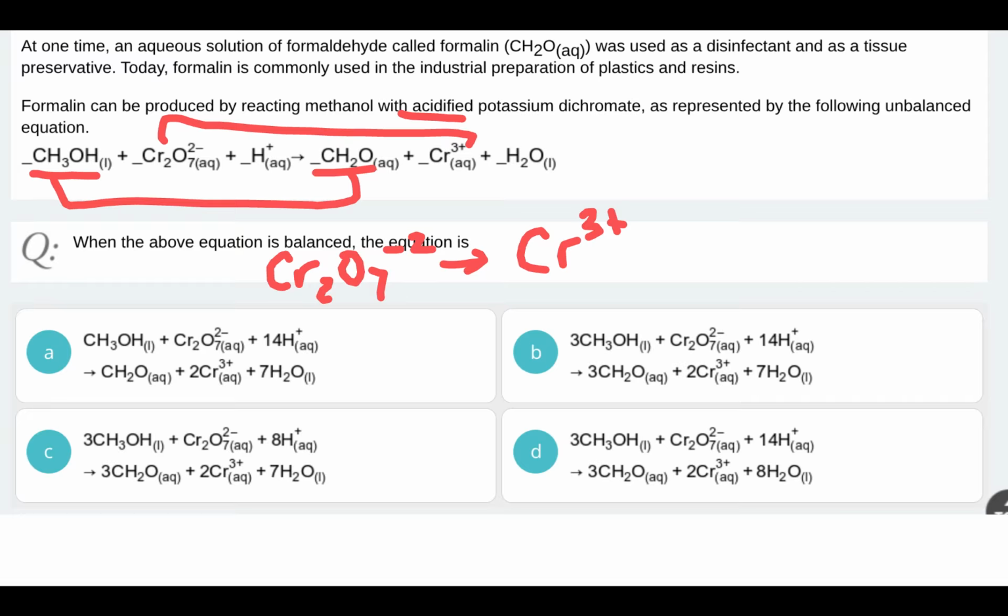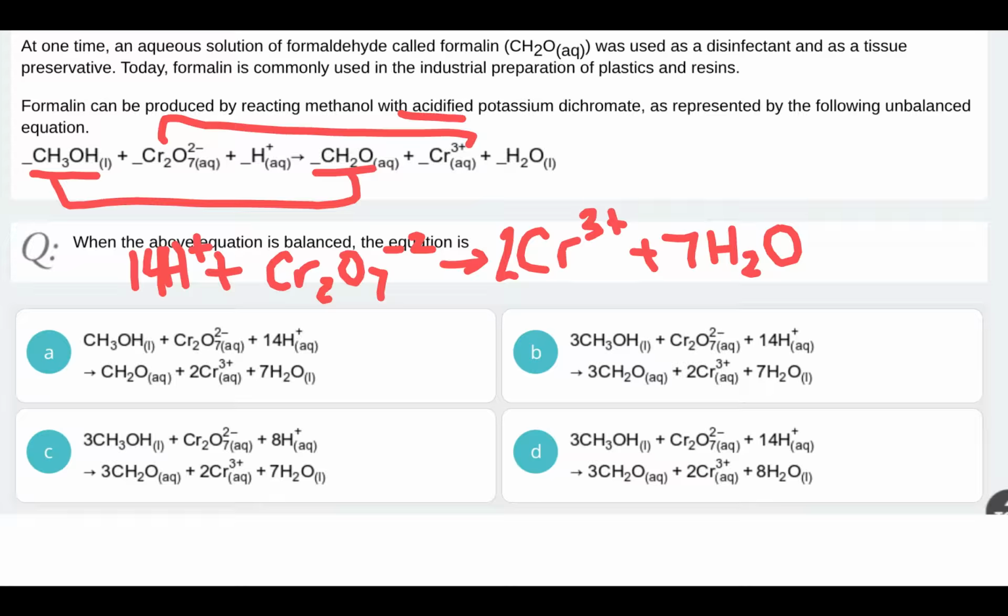If I balance this with acidic conditions, I would have to add in 7 water molecules to balance out hydrogen. Actually, before I do that, I would have to balance out my chromium, so putting a 2 here. Now I could add in some hydrogens. So on the other side, I'm going to add in 14 hydrogens.